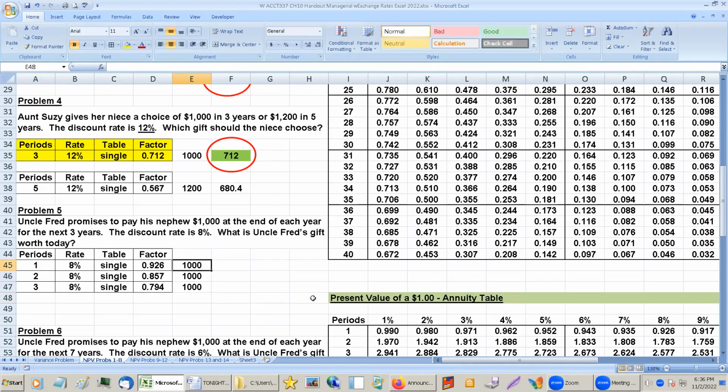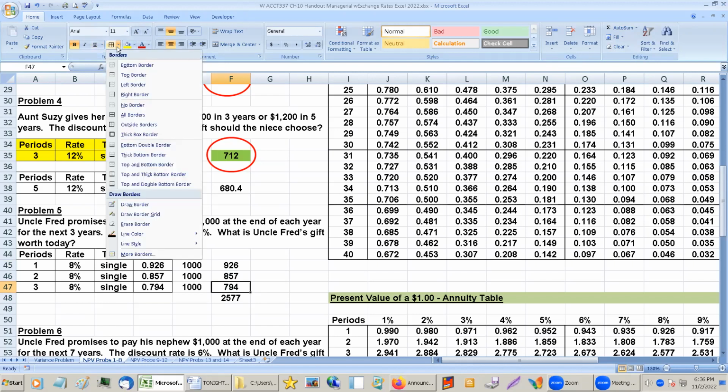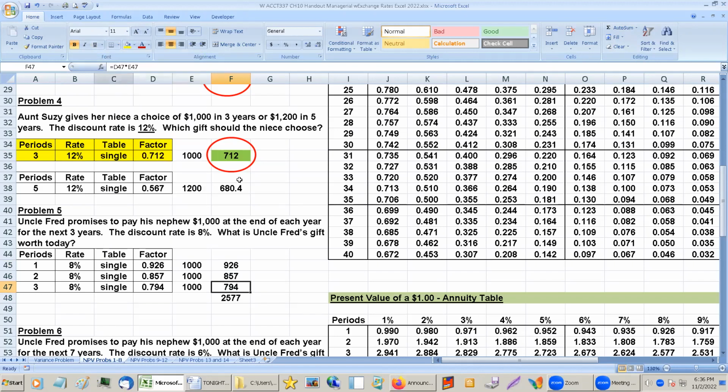So what is the gift worth? The gift is worth $2,577.